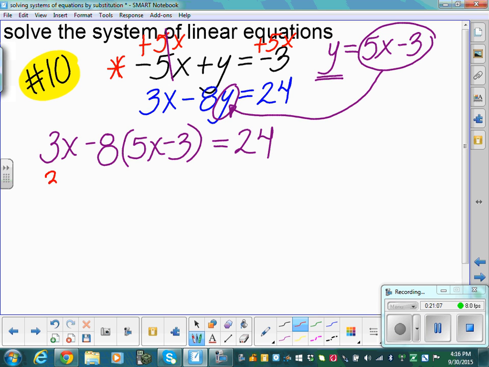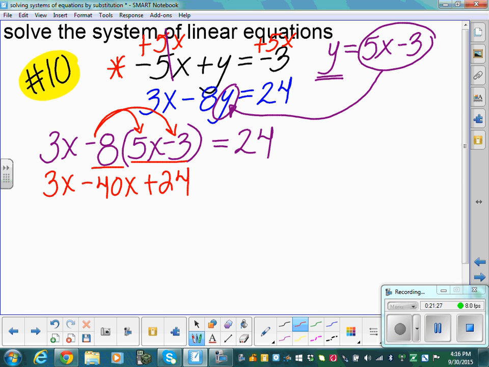So we have 3x. Now once again, we're multiplying -8 to all that stuff. So -8 times 5x is -40x. -8 times -3 is +24, which is equal to 24.